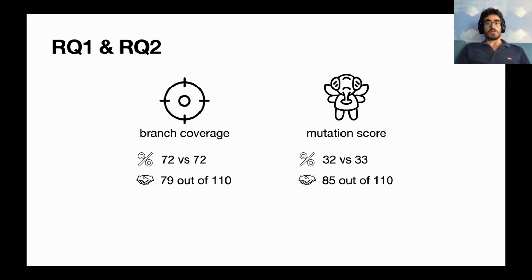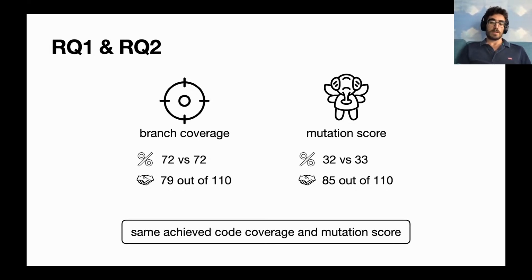For the first 2 research questions, for branch coverage, we achieve a very similar coverage amongst our subjects, and for a large part of the classes, there are no statistically significant differences in achieved branch coverage. And we observe a very similar situation with the mutation score. So very quickly, we have the same achieved code coverage and the same mutation score between the 2 approaches.